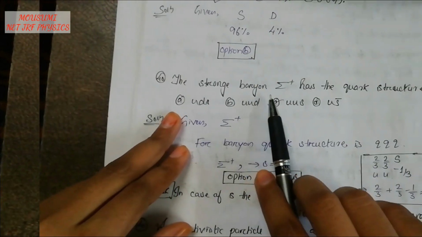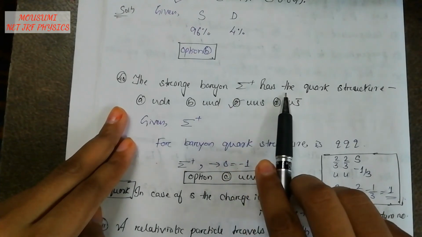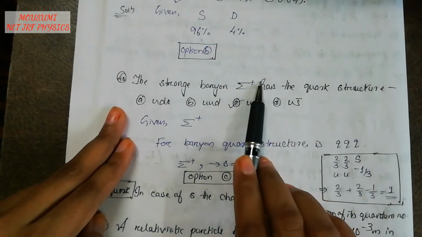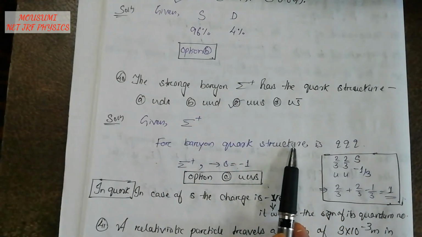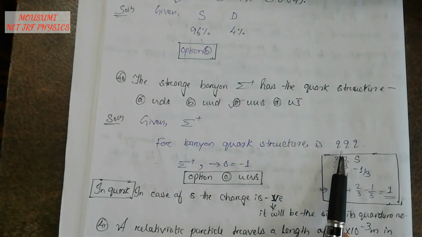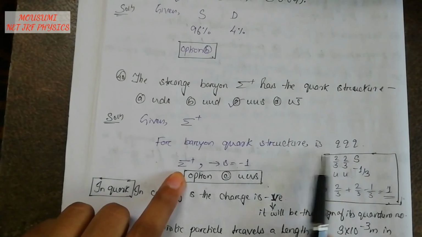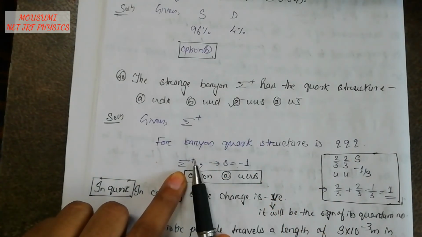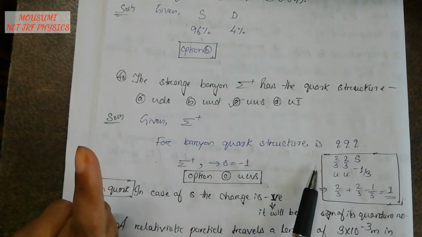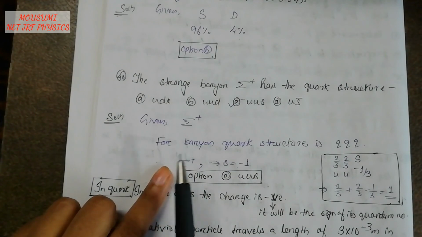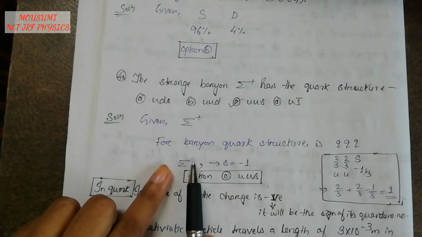Now the next: strange baryon, this one has the quark structure. We have to say the quark structure of this baryon. Whenever we are talking about a baryon, the quark structure is Q Q Q, right? Here this baryon has strangeness -1 and the charge is +1.